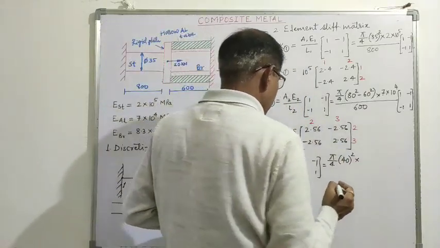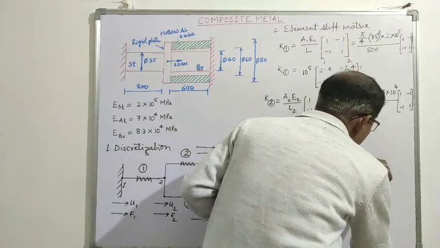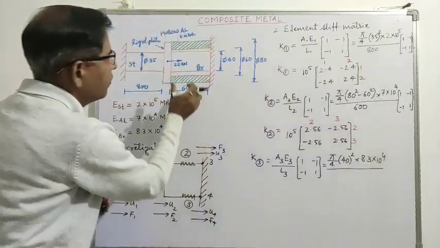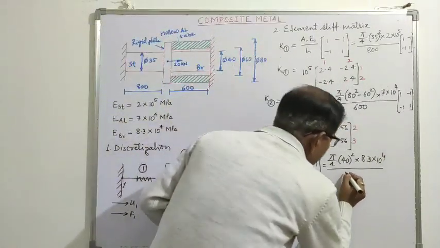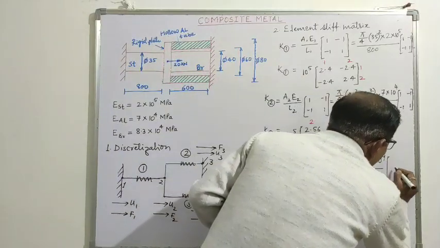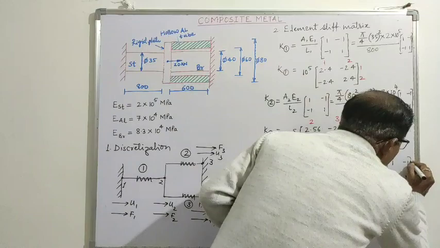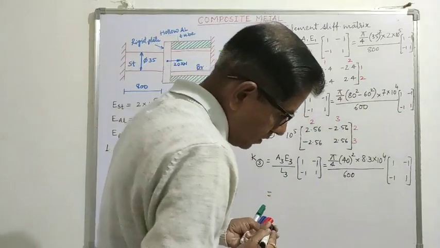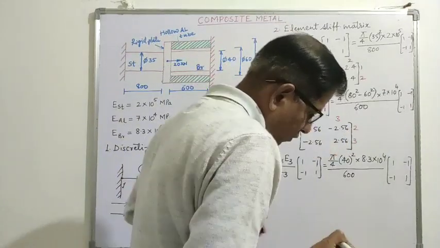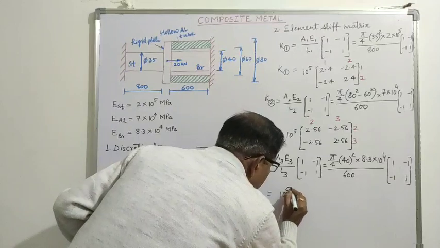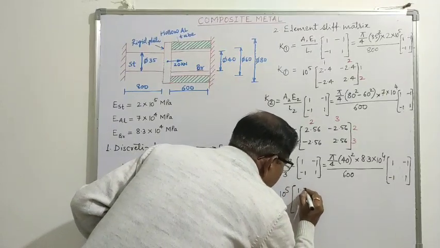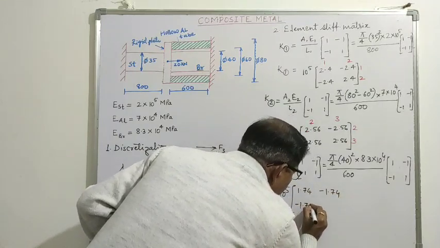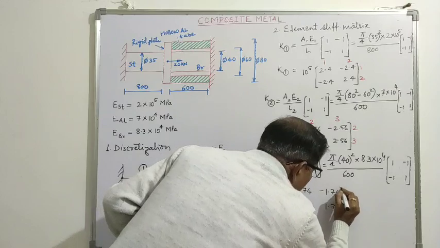Young's modulus of the brass member is 8.3 into 10 to the power 4, divided by the length of the brass member, which is 600 mm. The answer comes out to be 1.74. So 10 to the power 5 outside the bracket, and inside it is 1.74, minus 1.74, minus 1.74, 1.74.